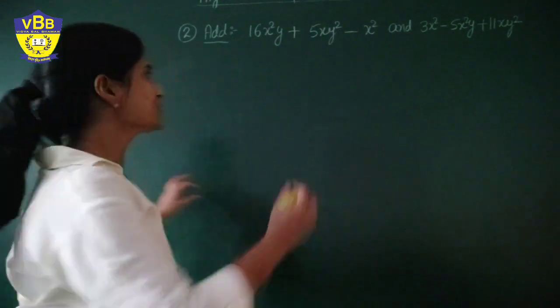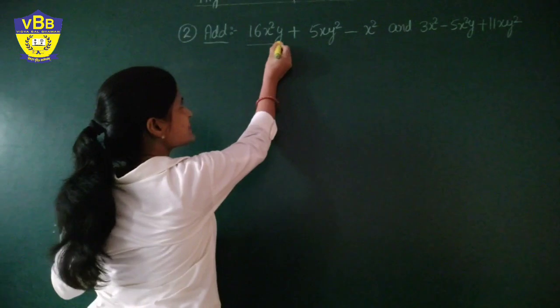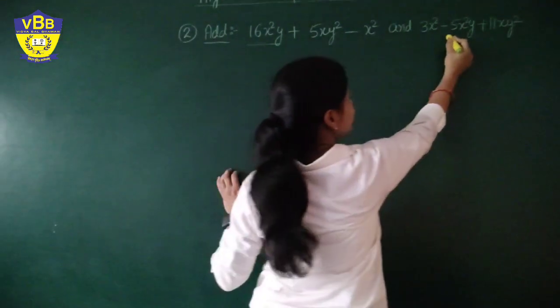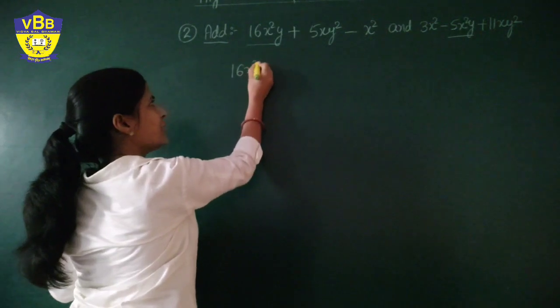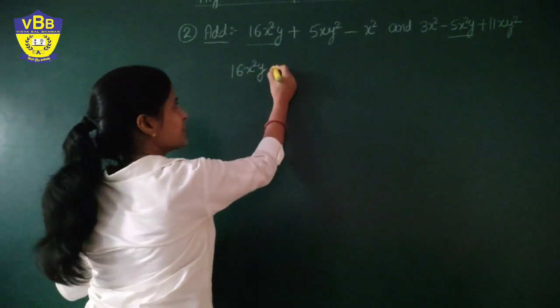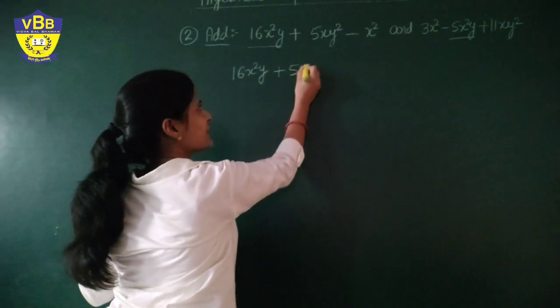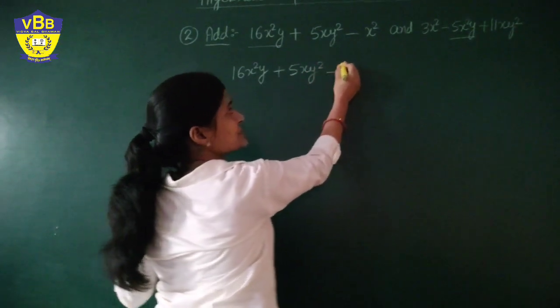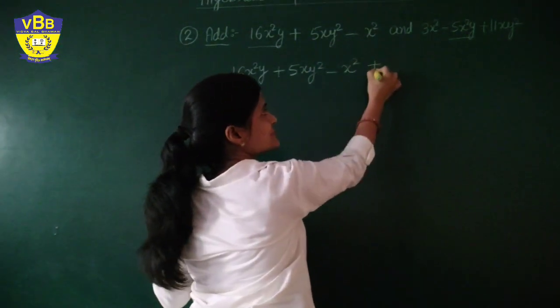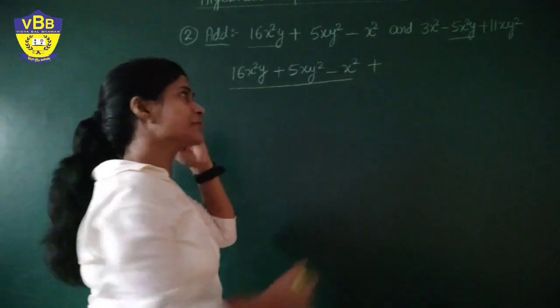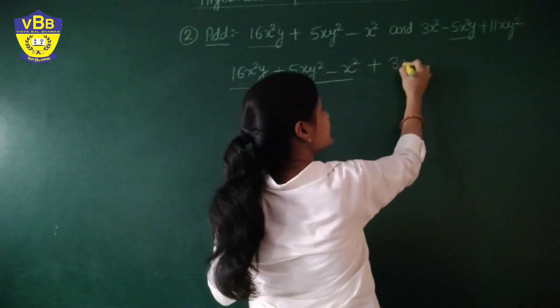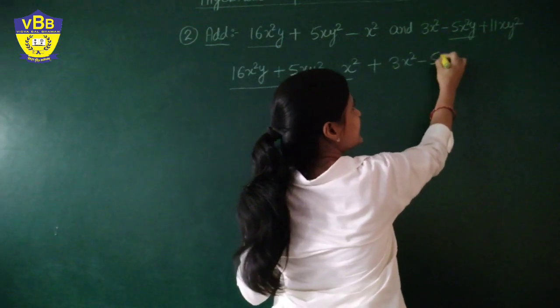I write the first expression first, 16x^2y and 5xy^2, with a positive sign. This is my first algebraic expression. With a plus sign I write the second algebraic expression.